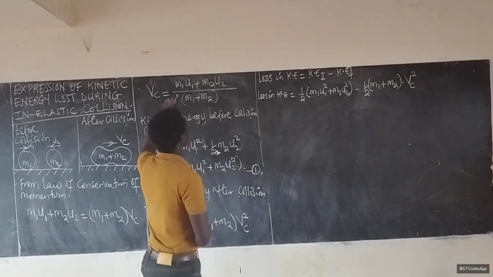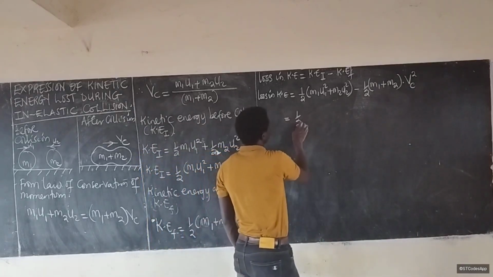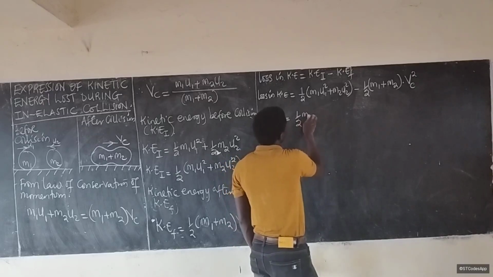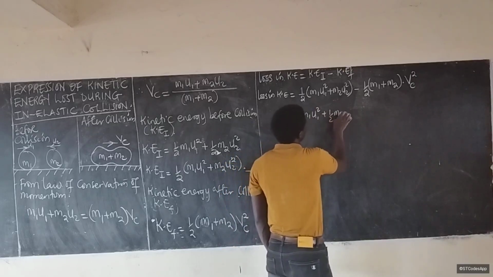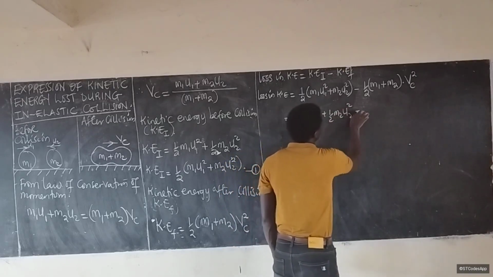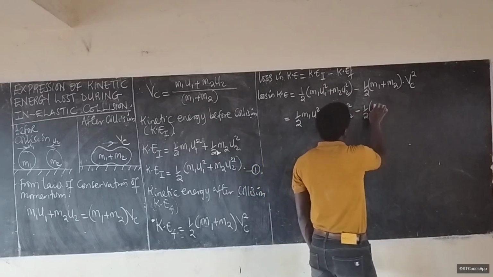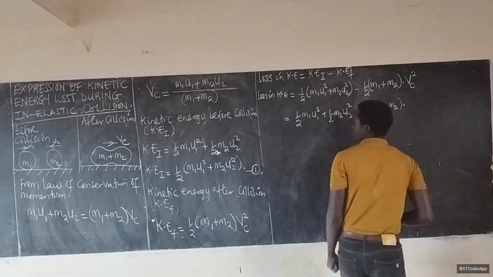But our vc is here, we can replace it. So I will have this is going to be a half m1 u1 squared plus m2 u2 squared, then minus a half m1 plus m2 times vc.